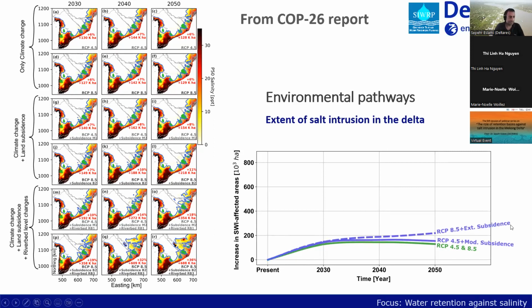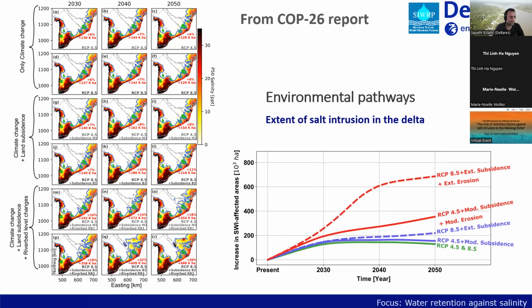This increases with land subsidence, but suddenly the increase is extremely stronger when we have changes in riverbed erosion. And we can also combine these scenarios with scenarios of extreme sea level rise by mid-century. And then we can see an even more dramatic image.